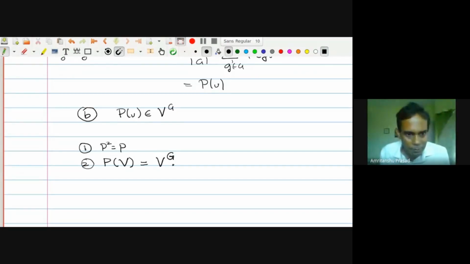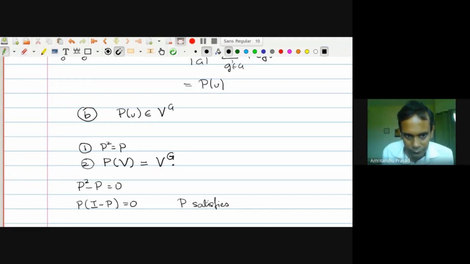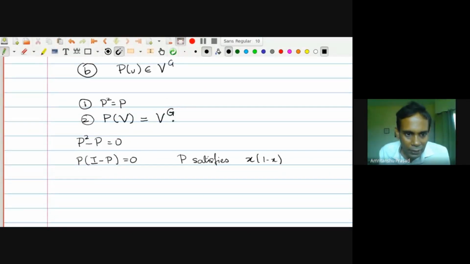So now P squared is P. So we can write this as P squared minus P is 0, or P into identity minus P is 0, which means that P satisfies the equation x into 1 minus x. This means that eigenvalues of P are all 0 or 1.